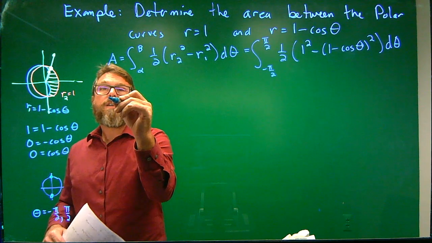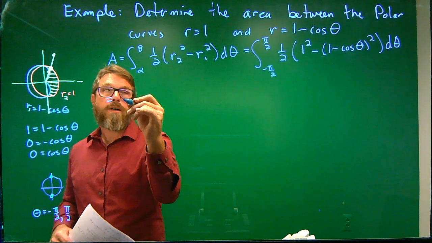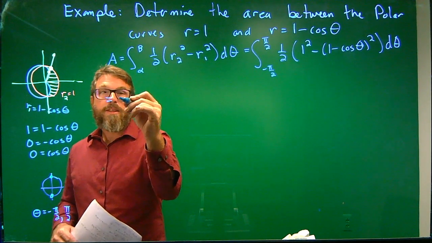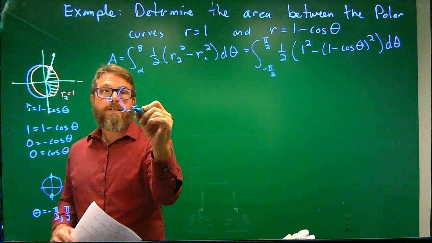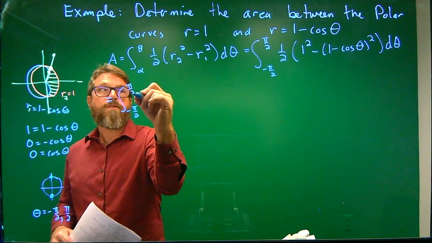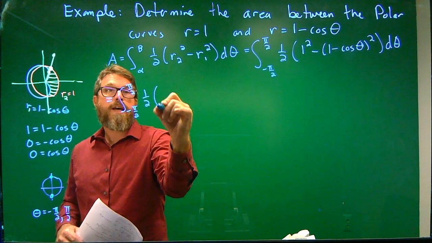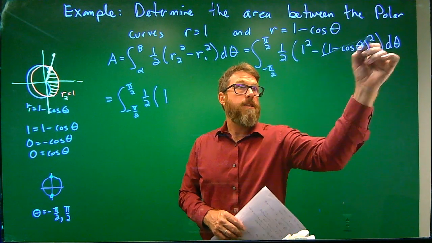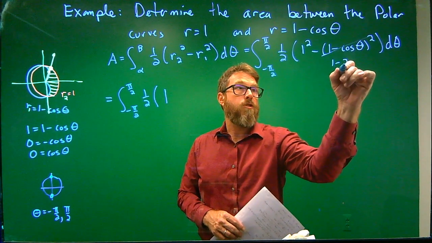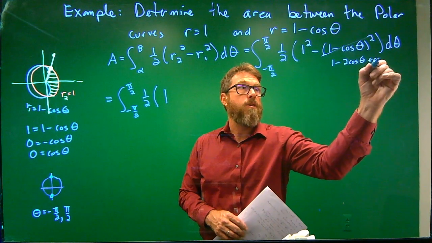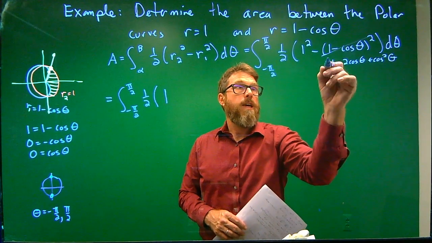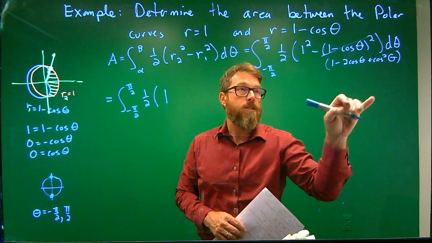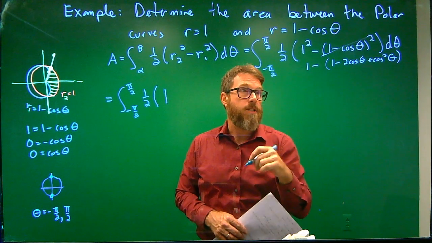So this is going to be equal to the integral from minus pi over 2 to positive pi over 2 of 1/2 times, well, 1 squared is 1. Now when I square this, we know that this is going to be 1 minus 2 cosine of theta plus cosine squared of theta, and we're still going to have to distribute this negative sign, so really 1 minus this.